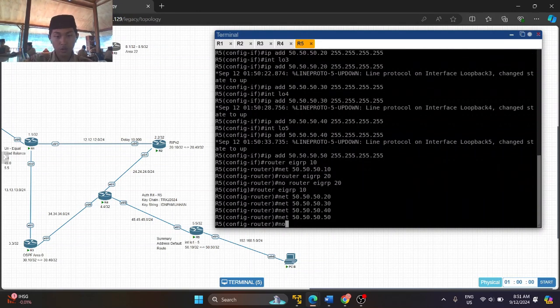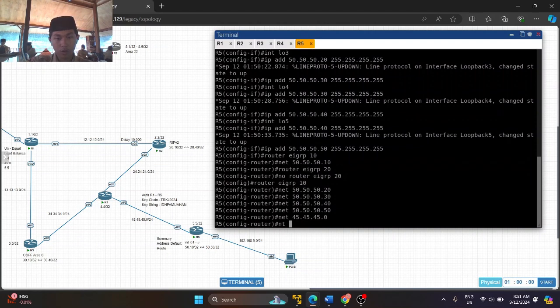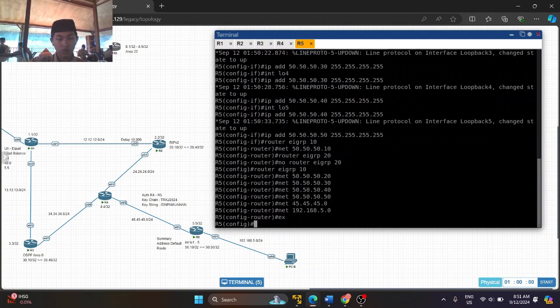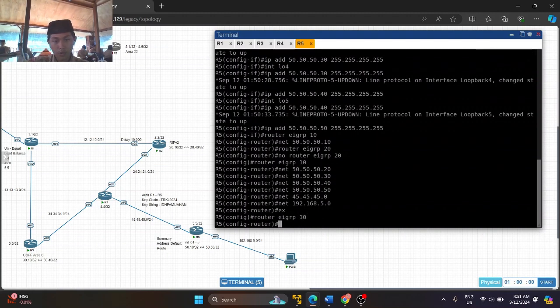Okay, sorry, we forgot to add the network 45.0 and the network 192.168.5.0. Okay, and then let's exit. Sorry, we forgot no auto-summary.